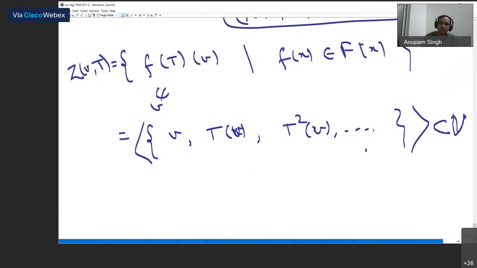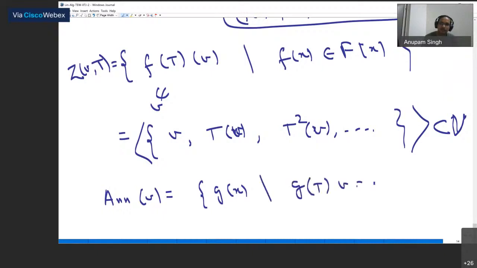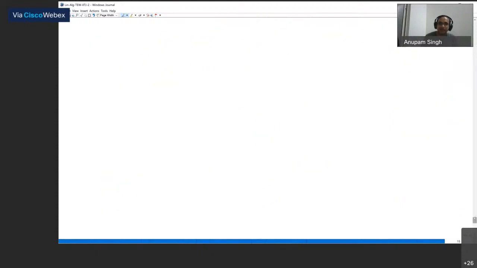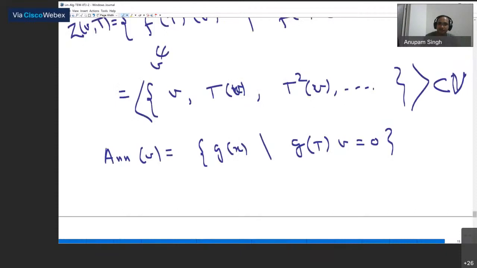That leads to the annihilator of this vector. The annihilator of v is going to be those polynomials g(x) such that g(T) applied to v is 0. Again, you can check that this is an ideal, and this will relate to the dimension of this Z(v,T), whatever I defined.